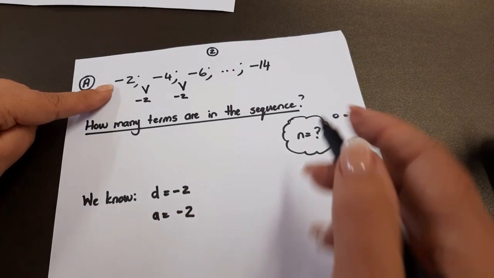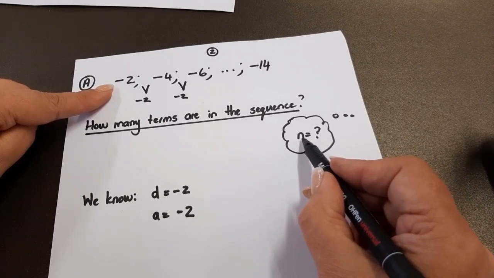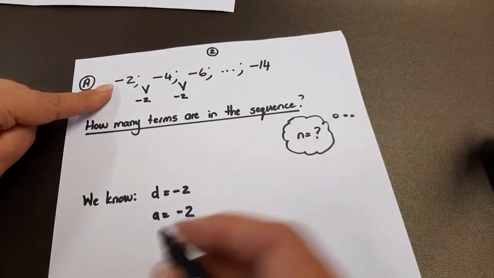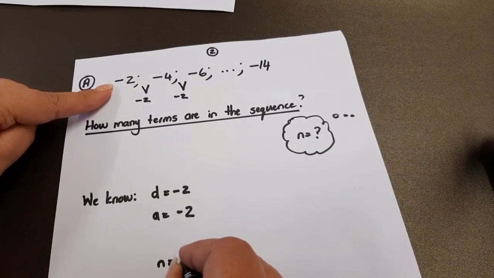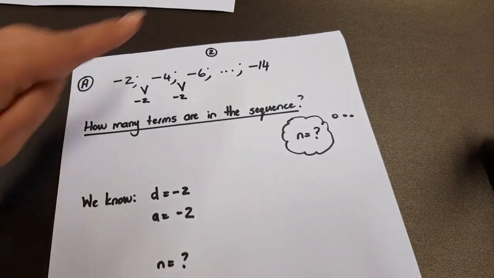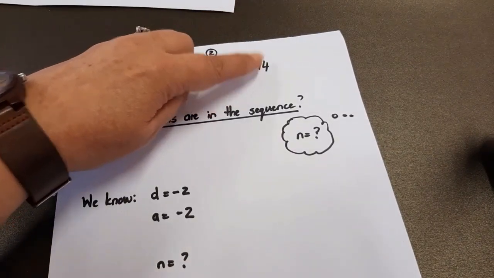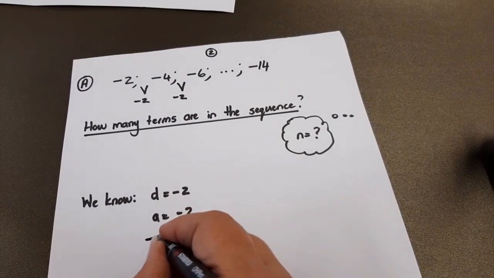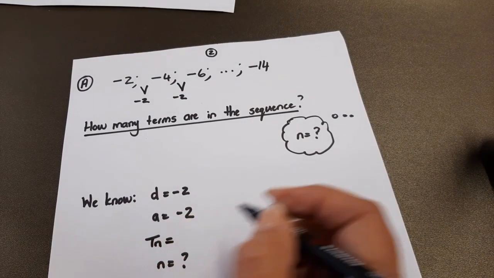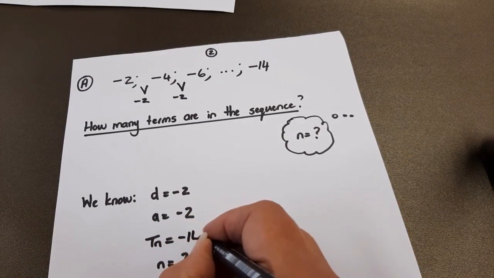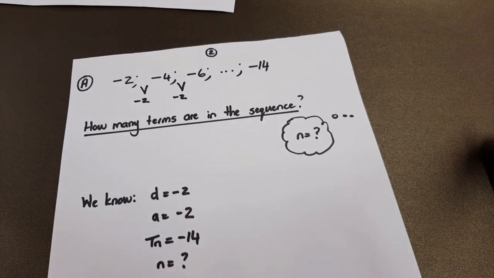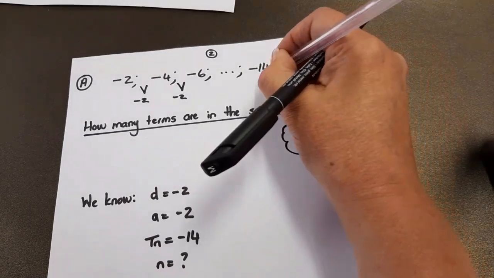We want to know what the nth term is, but they also give us the last term. So we know that Tn, the last term, is minus 14. And that is term Tn.